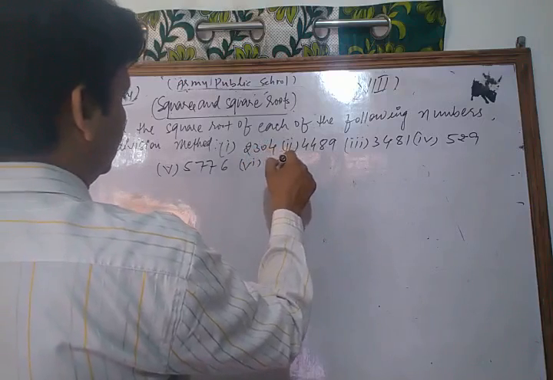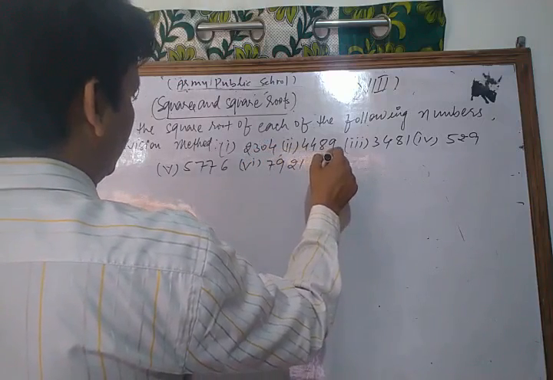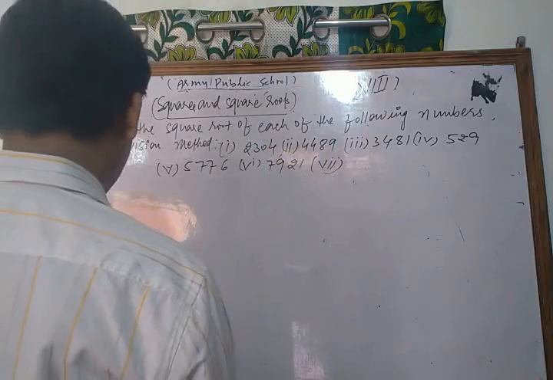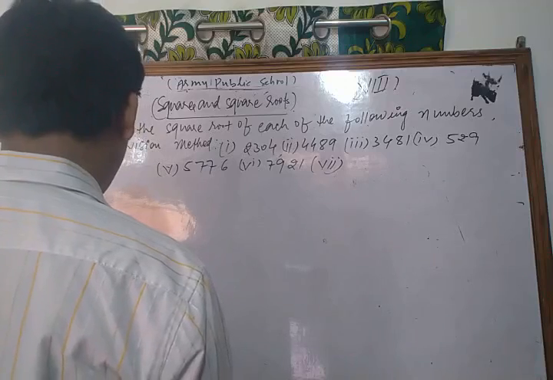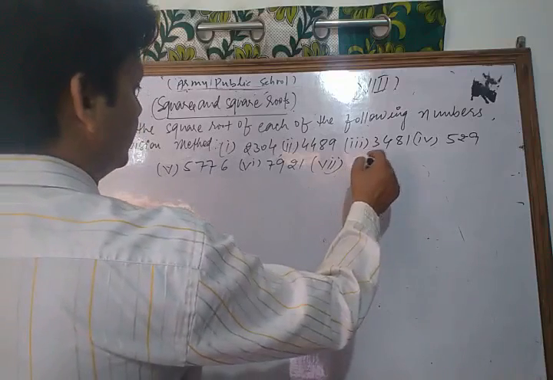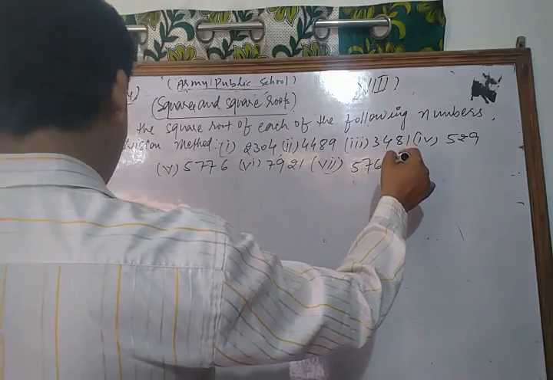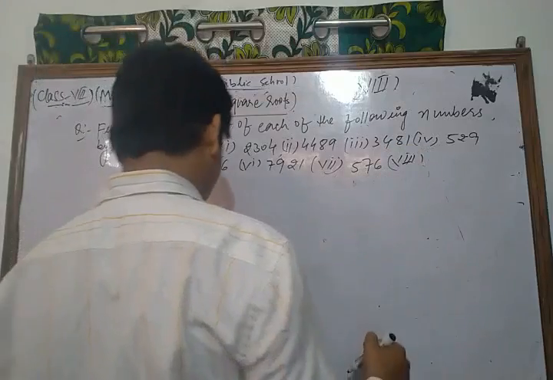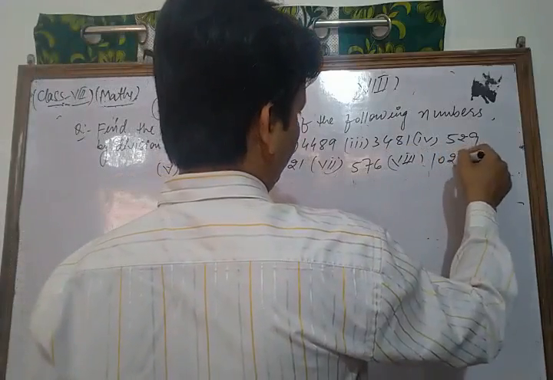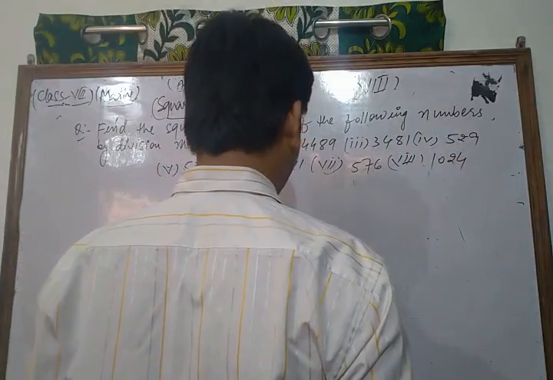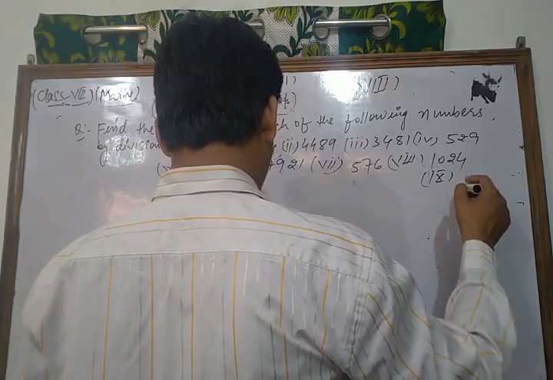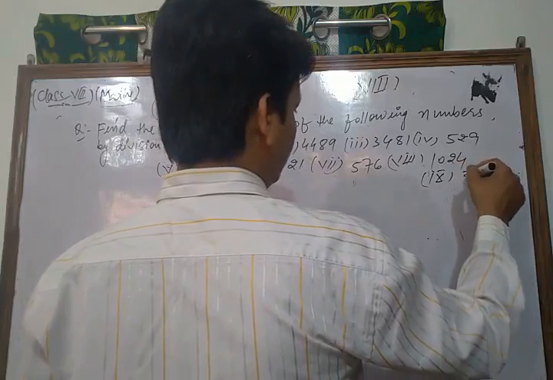Then 7921. Seven, 576. 8, 1024. 9, 13136.